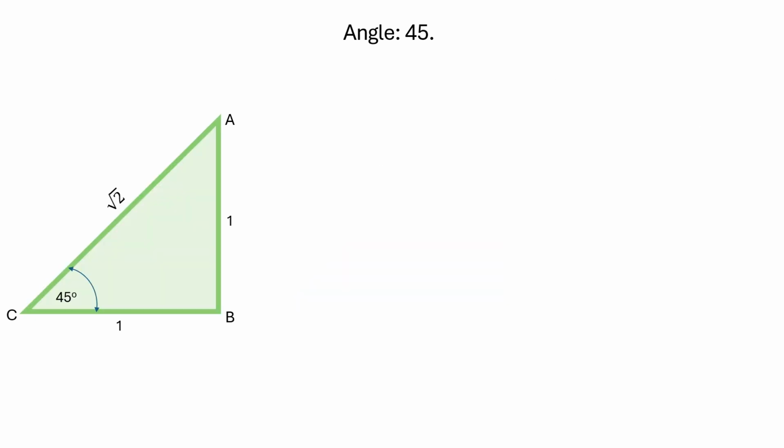For 45 degrees, we are going to have sine 45 degrees equals opposite over hypotenuse, 1 over root of 2. And 1 over root of 2, like we say, we have a radical in the denominator, so we need to rationalize it. We have 1 over root of 2 multiplied by root of 2 over root of 2, and that gives us root of 2 over 2.